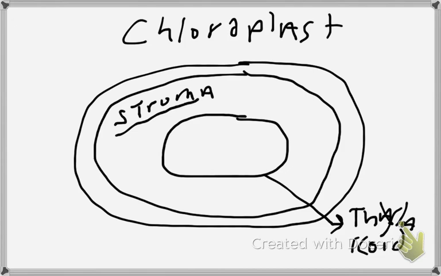And inside the thylakoid membrane is called the lumen. All right, so this is the structure of the chloroplast, and the chloroplast is the photosynthetic organelle.